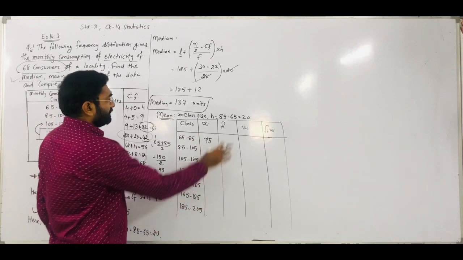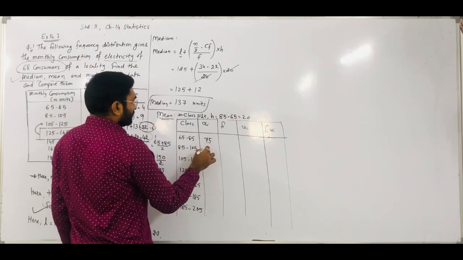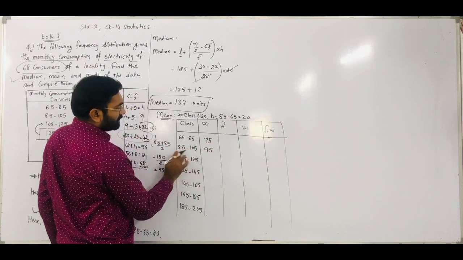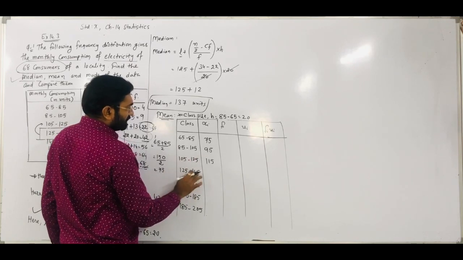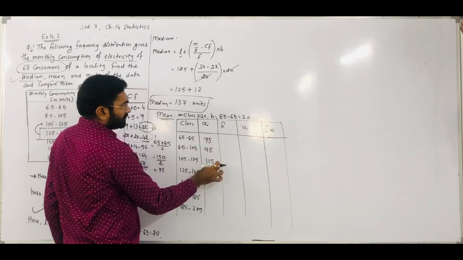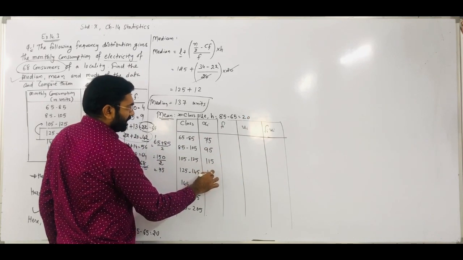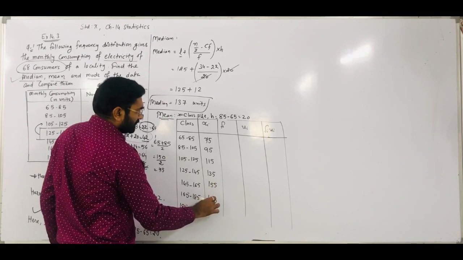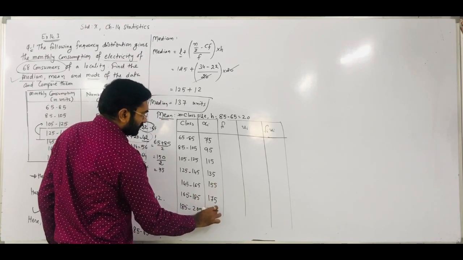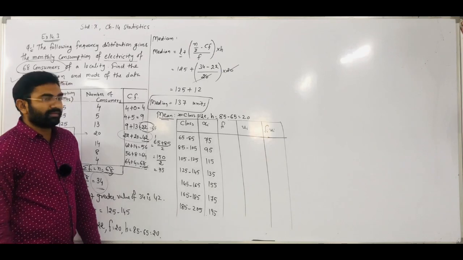If you add the class size 20 to 75, you get 95. In between, 115 we get. Or you can take plus 20 each time. So 135, then 155, then 175, then 195. So that way we find all the xi values.